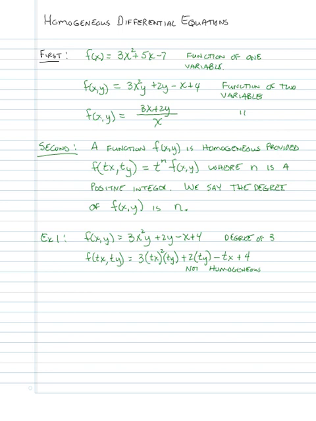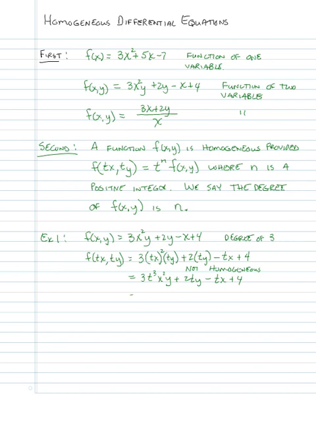Now, the problem is that if you see what we have here, we'll have a 3, and t squared times t, we'll have a 3t cubed x squared y plus a 2ty minus a tx plus a 4. And you notice here that we can't even factor a t out.